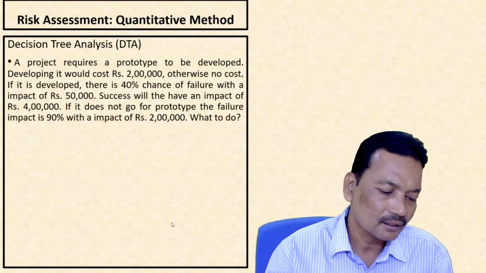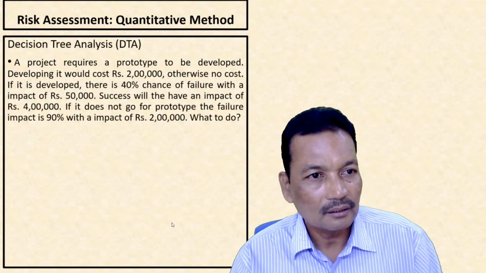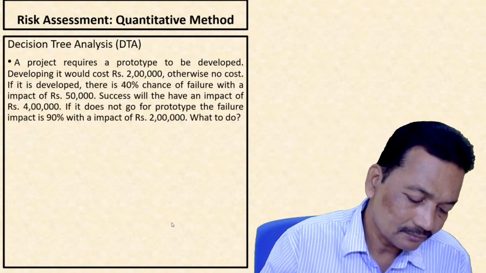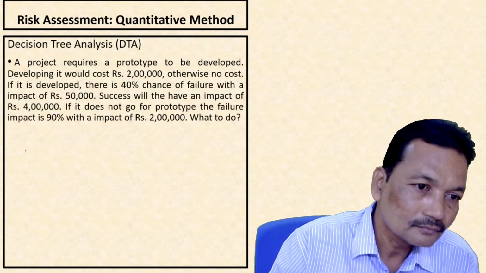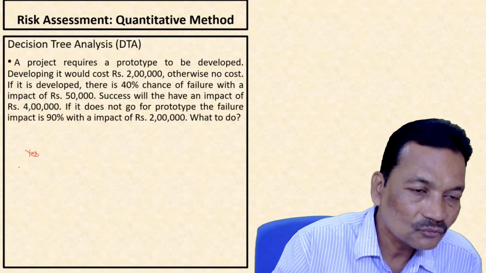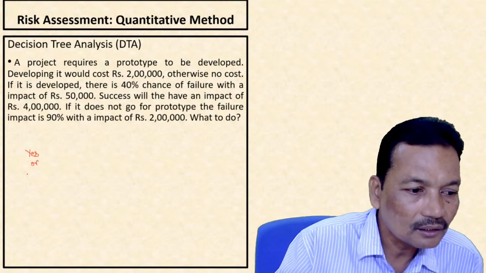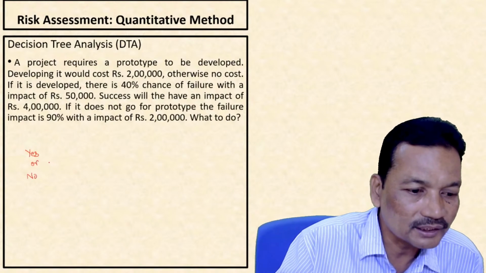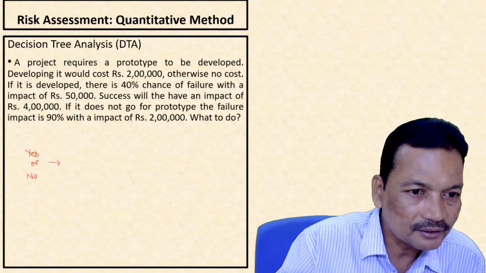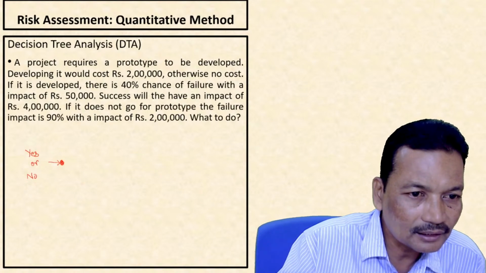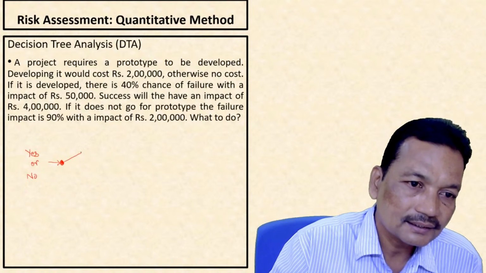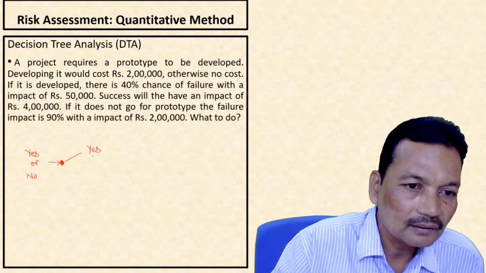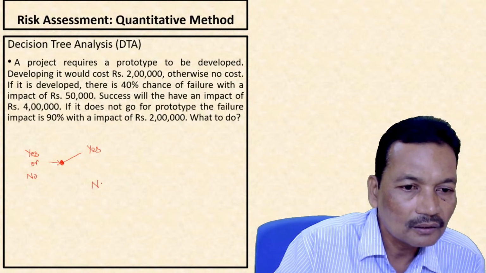What to do here? So I am doing the decision tree here. Whether I will go for the project or I will not go for the project. It leads me to a decision, either yes or no.